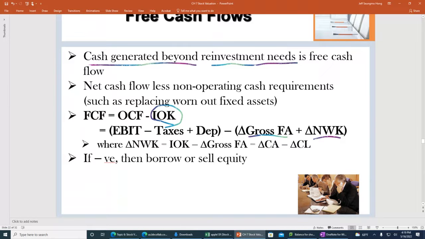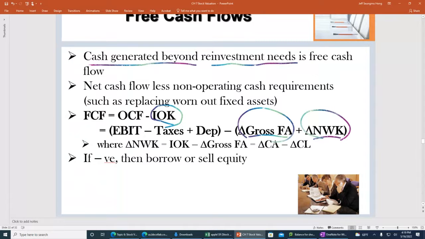Wear and tear will bring down the production capacity of your business. So they need to replace or replenish what has been depleted. Make sense? So there will be a change in fixed assets, and there will be a change in net working capital.